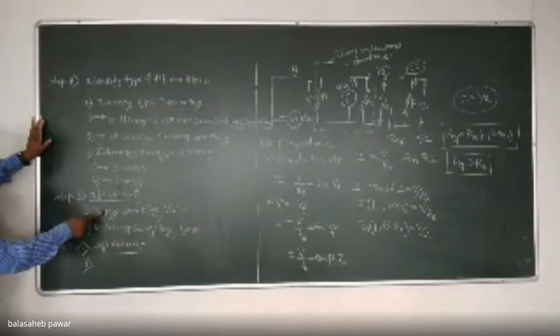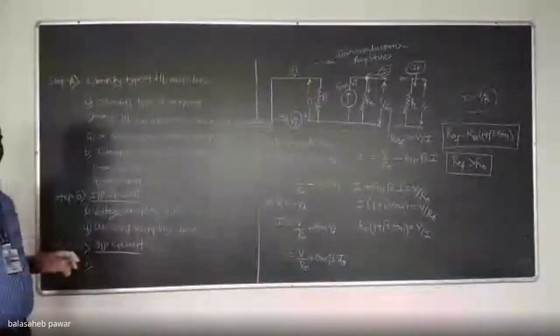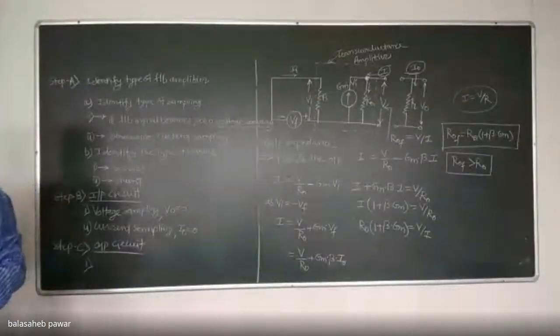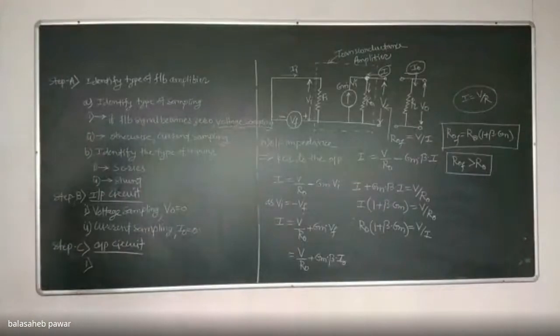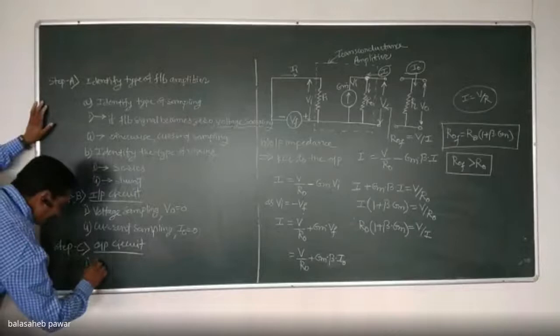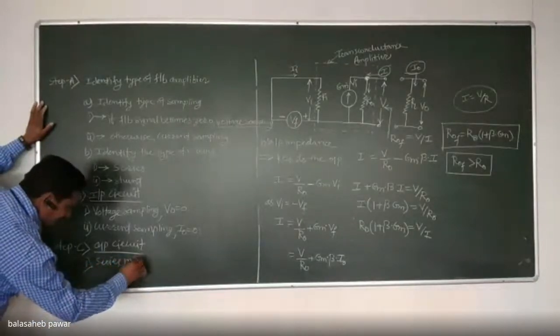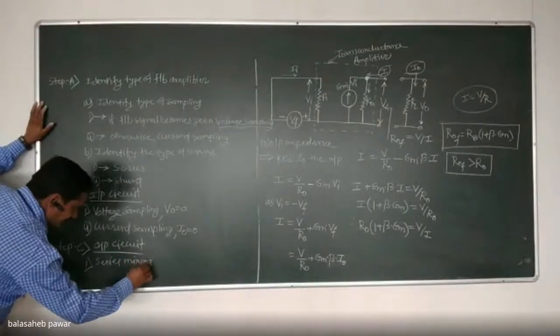Now to draw the output circuit, you have to consider the type of mixing. Okay. So first point in that, for series mixing, make I equals to 0.